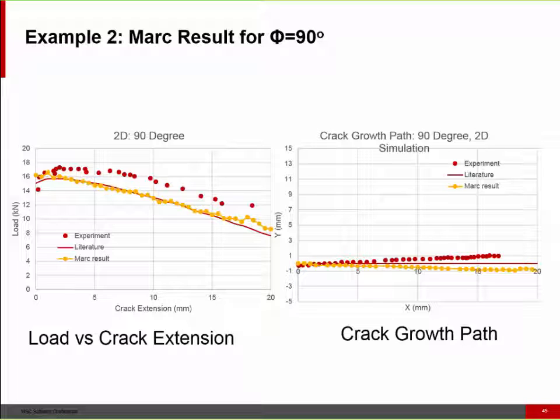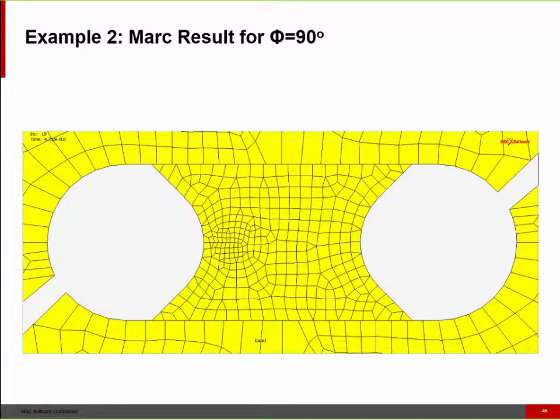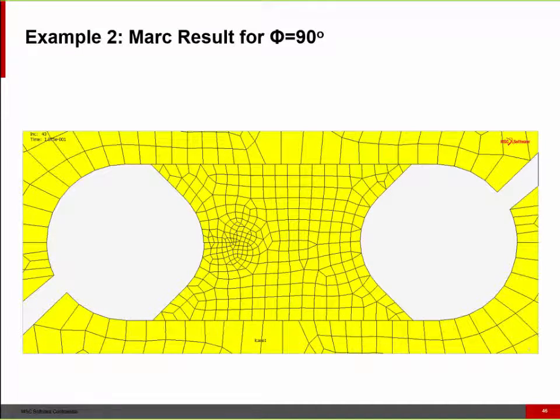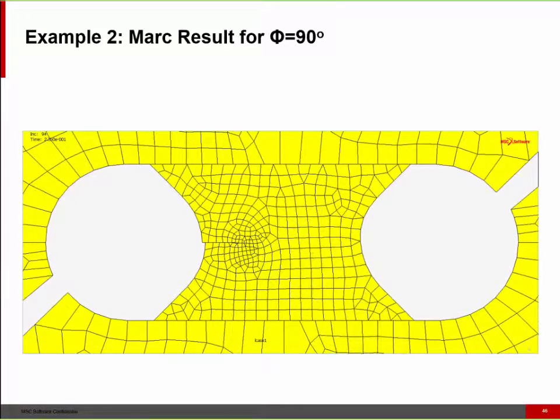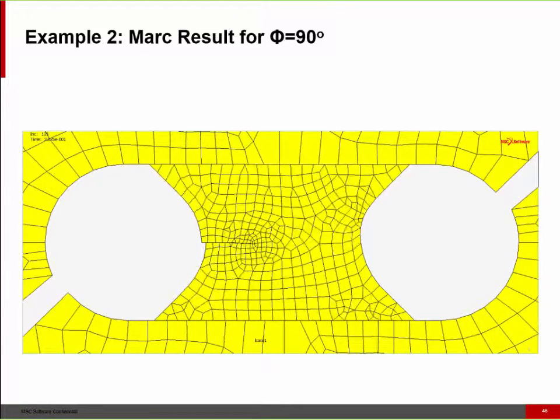As you can see, Marc results match the simulation results in the literature, and both of them underestimate the loading compared to the test data. According to the literature, this disagreement is probably due to the lack of friction force in the simulations. And this animation shows how the crack propagates and how the mesh updates with global remeshing.